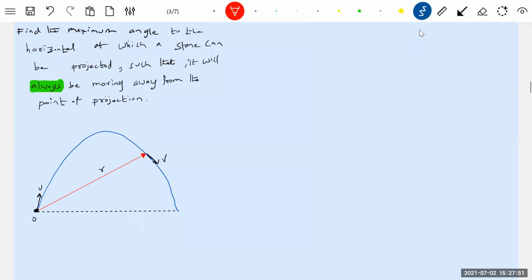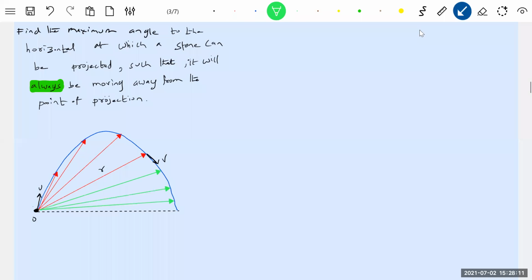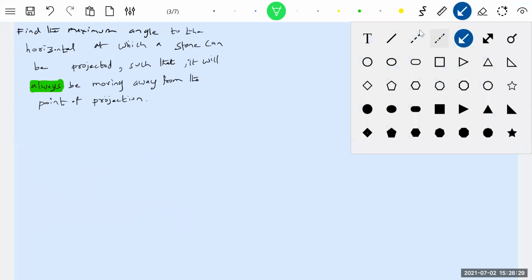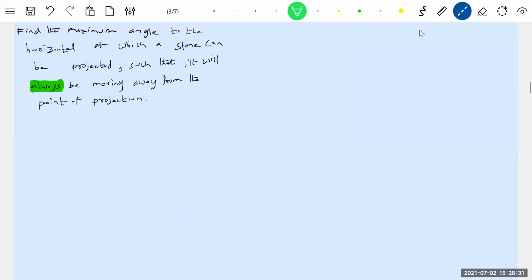Diagram not correct. So some diagram went wrong. I'll redraw it. Exact diagram needed.